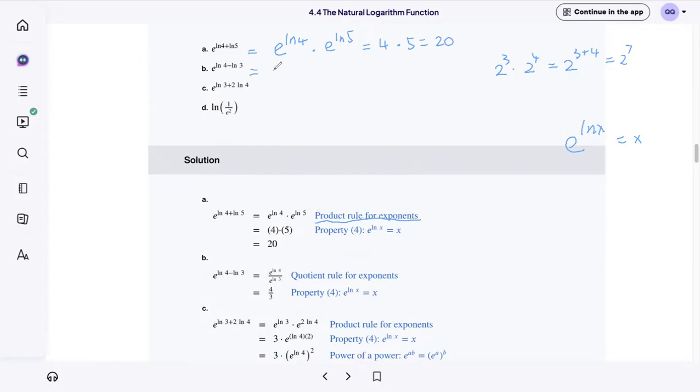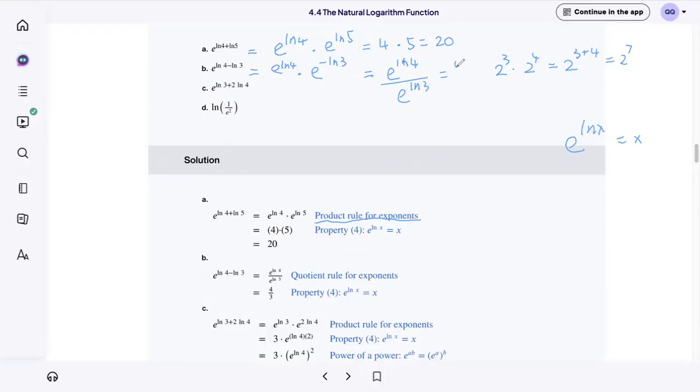But let's see this one. This is e to the ln 4 times e raised to negative ln 3. Remember, e raised to a negative means it should go to the denominator: e to the ln 4 divided by e raised to ln 3.